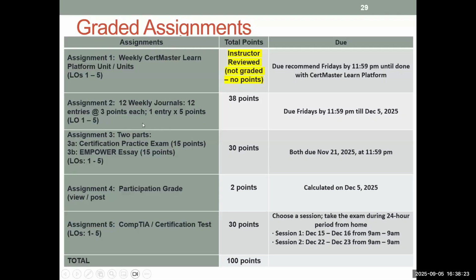12 weekly journals, assignment 2 again. They're due not this Friday, but next Friday is going to be your first journal entry. Journals, again, there isn't a prompt, so you can write as much as you want, basically about your experience. Some students use this to write a summary of what they learned. Some people reflect on what a rotten week it was.